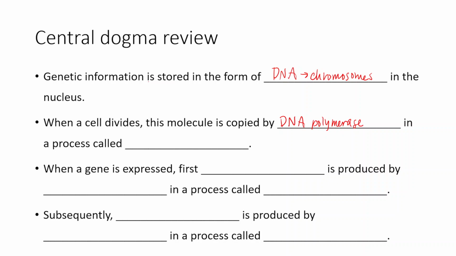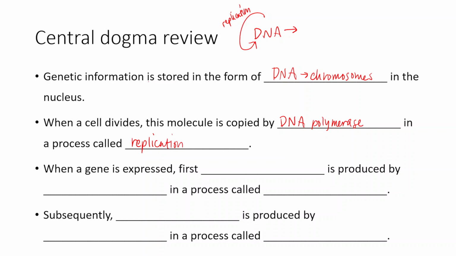Yeah, replication. Excellent. So that's the first part of the central dogma. You can represent that by, you have DNA, and you want to replicate it. We'll often write that as a circle. That's replication. That's the first part of the central dogma.